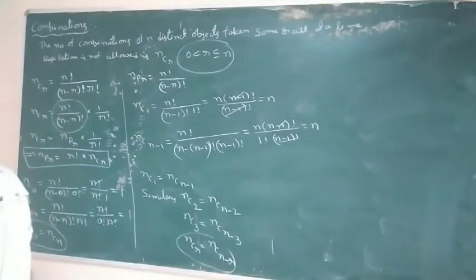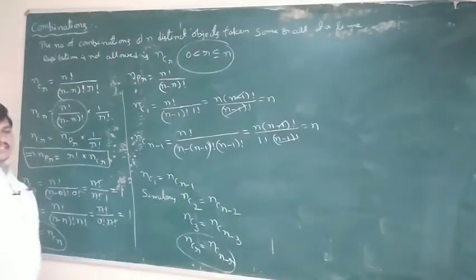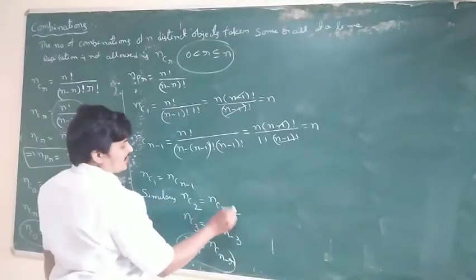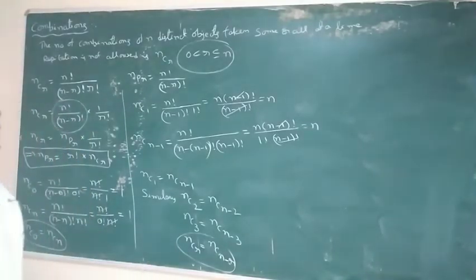The very important points: nC0 is equal to nCn, nC1 is equal to nC(n minus 1). The first one equals the last one, the second one equals the second from last, the third one equals the third from last. nCr is equal to nC(n minus r).